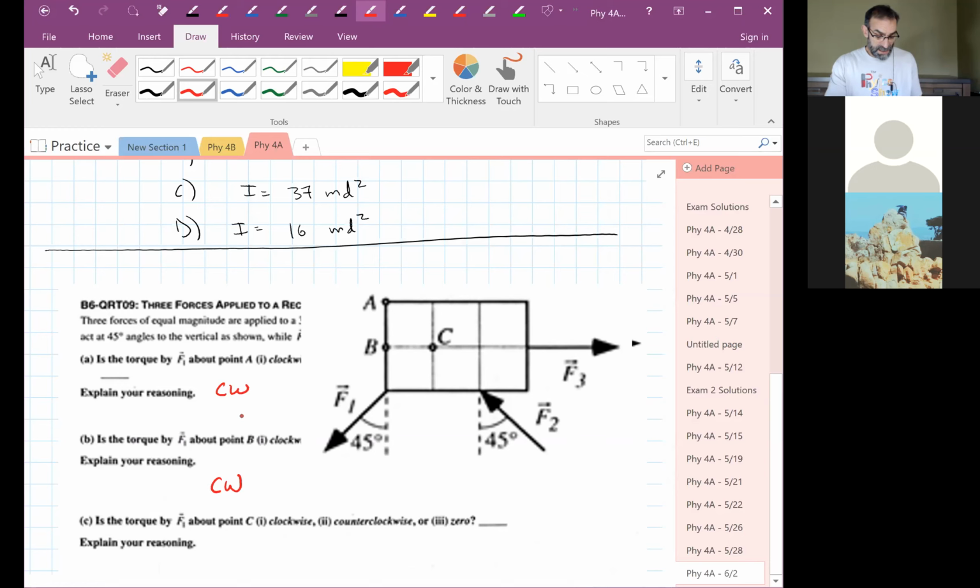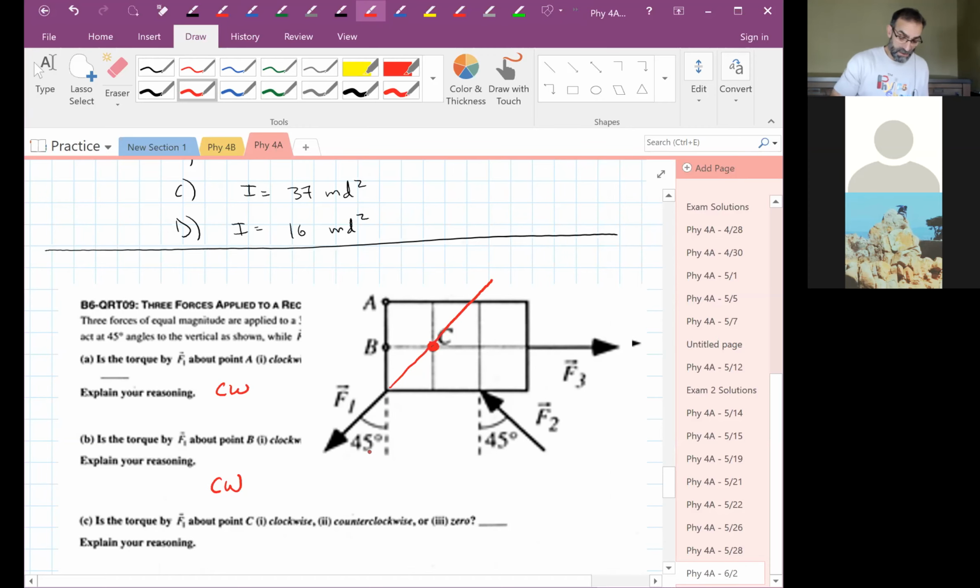How about C? Is the torque produced by F1 about axis of rotation C clockwise, counterclockwise, or 0? If you extend the line of force, it goes right through that axis of rotation.